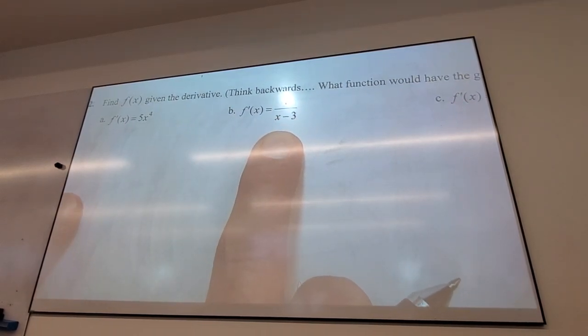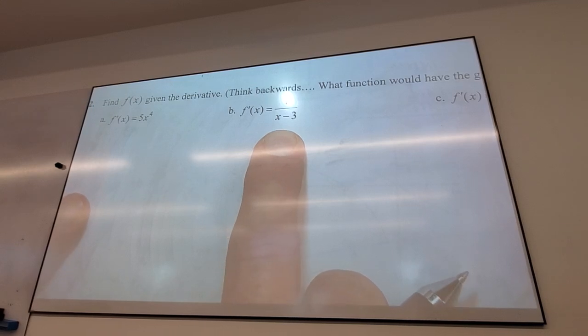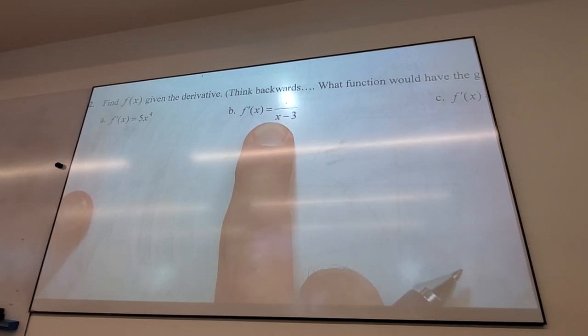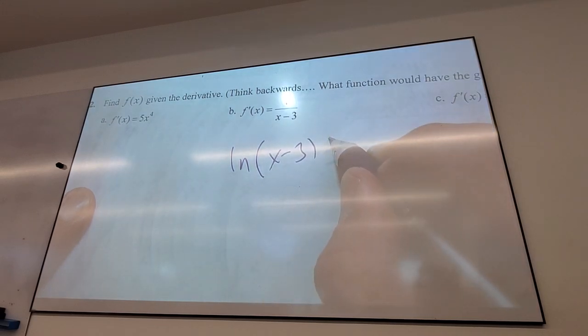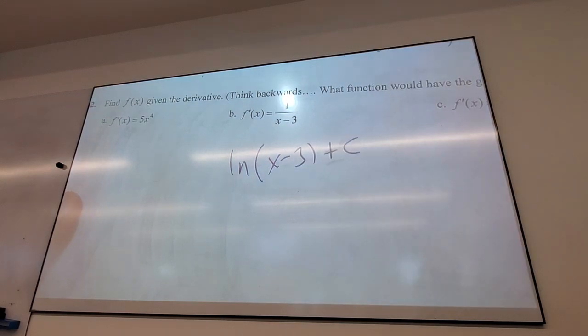Natural log of x minus 3, plus c. C's everywhere. The antiderivative of this, of course, is ln x minus 3, plus c. Now to be really honest, there's one thing that's not quite right here. Let's see if you guys remember. We talked about this with ln before.